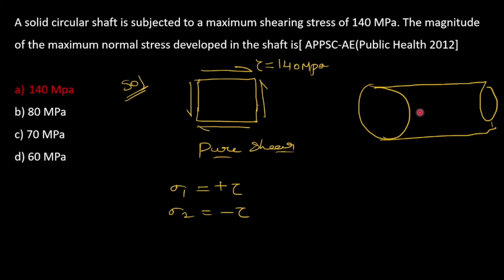Consider one element, exaggerated here, subjected to a shearing stress of 140 megapascal. Therefore only shear is acting, which means it is a pure shear condition. We know that for the pure shear condition the maximum normal stress, that means principal stress, is equal to the shear stress. Therefore option A is the correct answer, 140 megapascal.